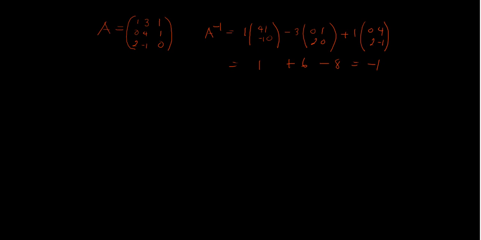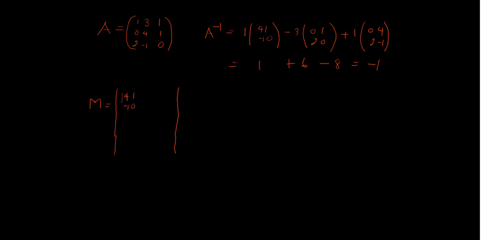Now you have to come up with the matrix M. The M matrix is the minor of each of these values. When you take 1, you remove the column and the row of that 1, and the rest is called the minor matrix. You write down the minor matrix 4 1 minus 1 0.